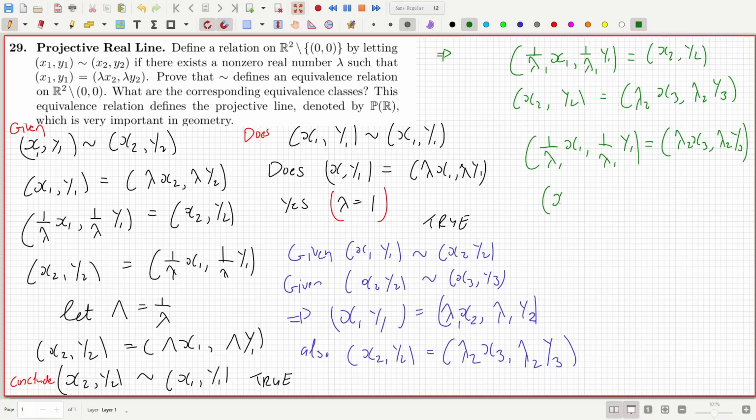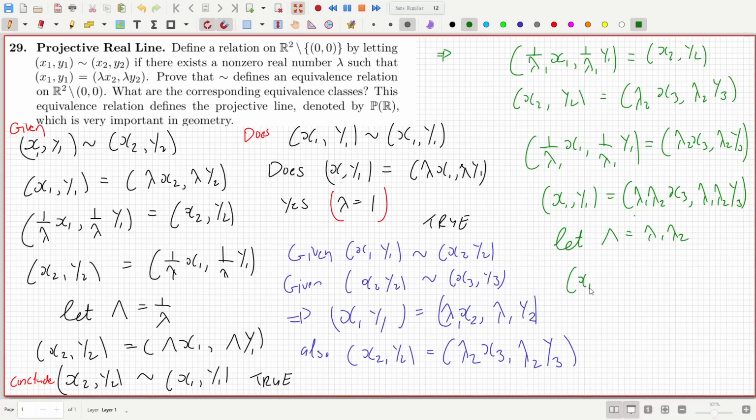So that means we can say (x1, y1) equals (λ1 λ2 x3, λ1 λ2 y3), and let λ equal λ1 λ2.